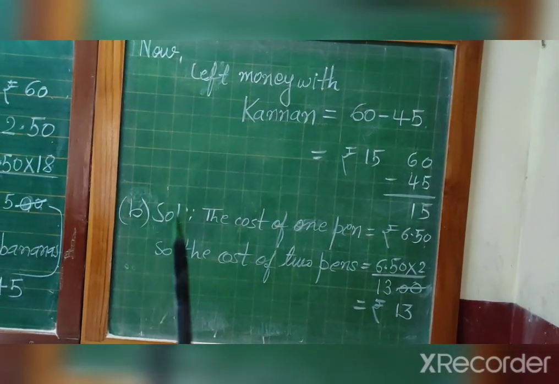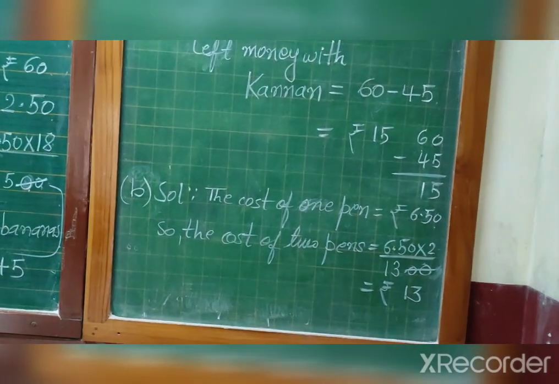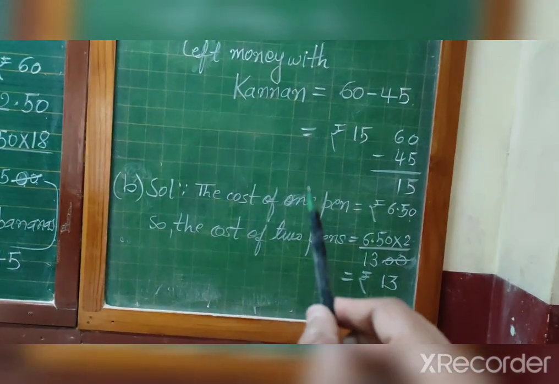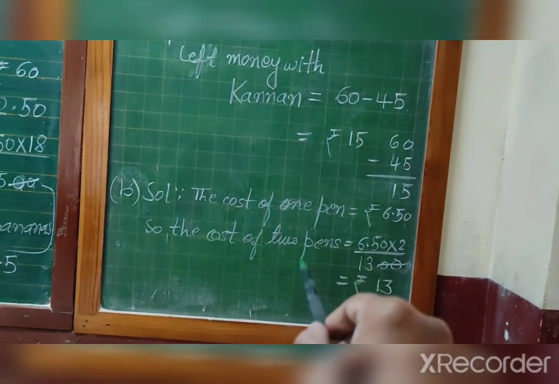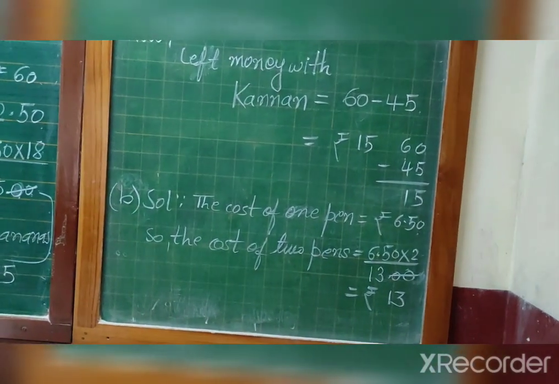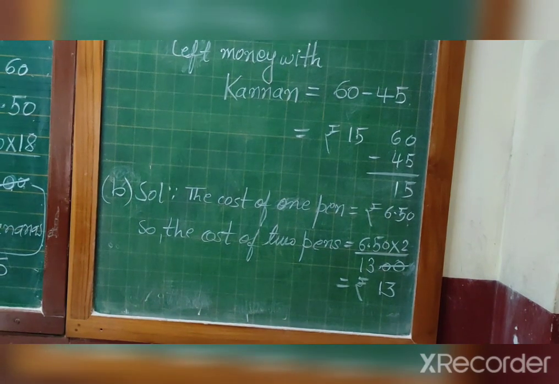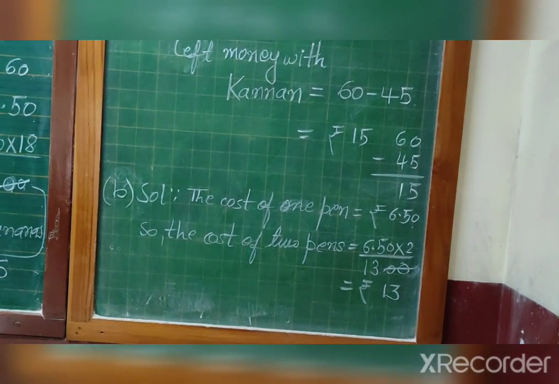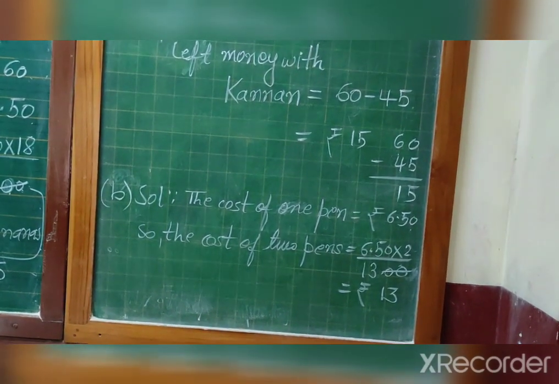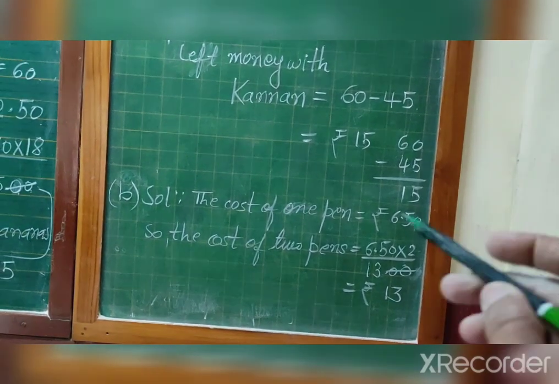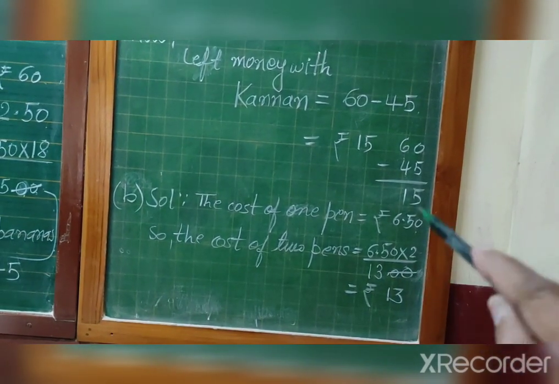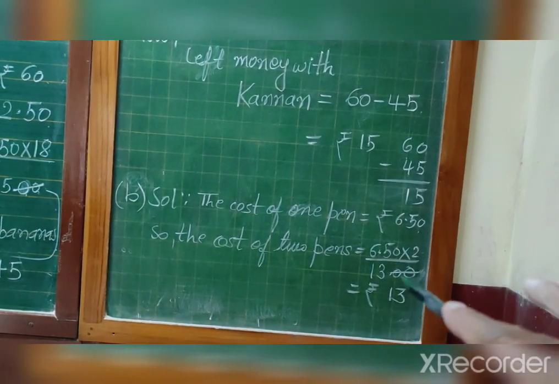Now B, I am giving you the solution of B. The cost of one pen: here you can write the quantity 1, and the numerical value also 1 you can write. So the cost of one pen is equal to rupees 6.50. So the cost of 2 pens is equal to 6.50 into 2. So 2 zeros are 0, 2 fives are 10, 0 here, carry over 1, 2 sixes are 12, 12 and 1, 13.